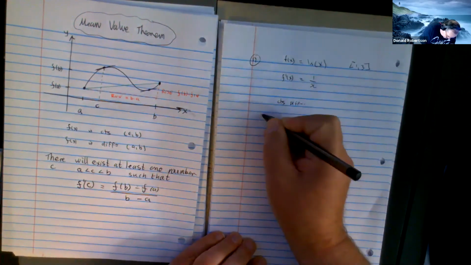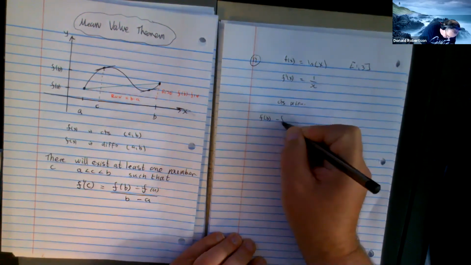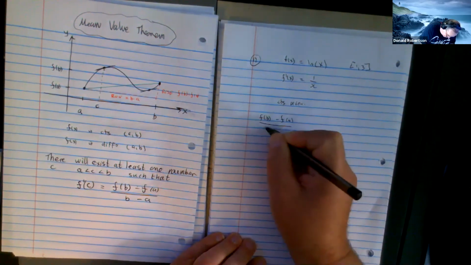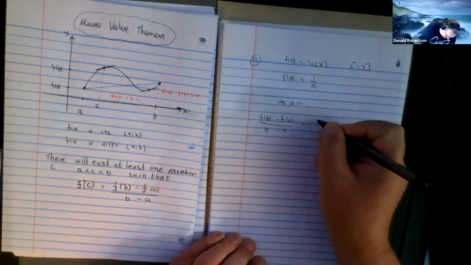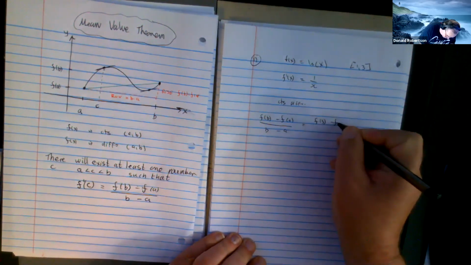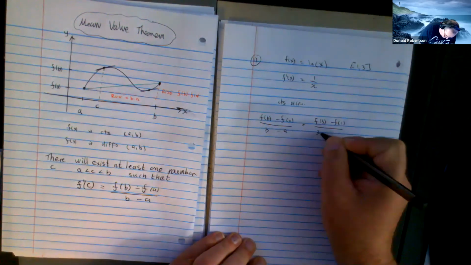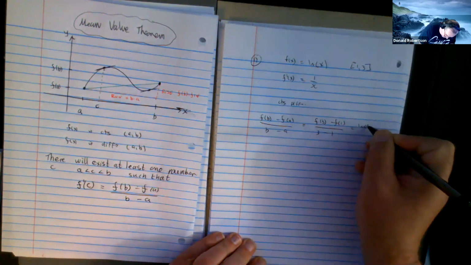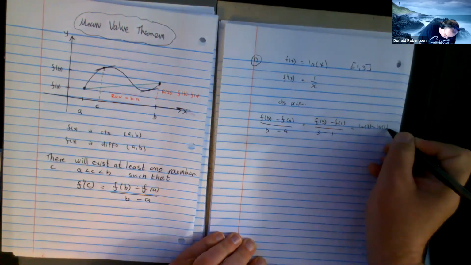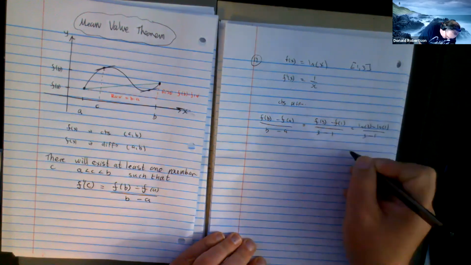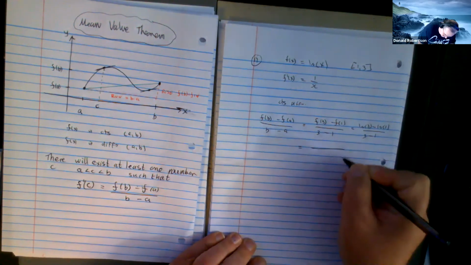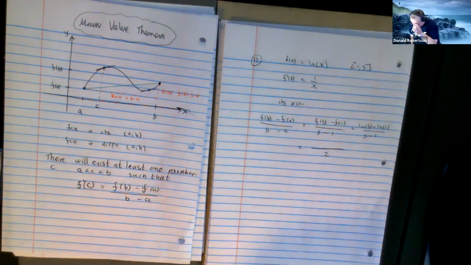The average value, or the average slope, is this guy. So it's f of 3 take away f of 1 over 3 take away 1. So it's the natural log of 3 take away the natural log of 1 over 3 take away 1. Let's see if we can catch it out here. What's the value of the natural log of 1?